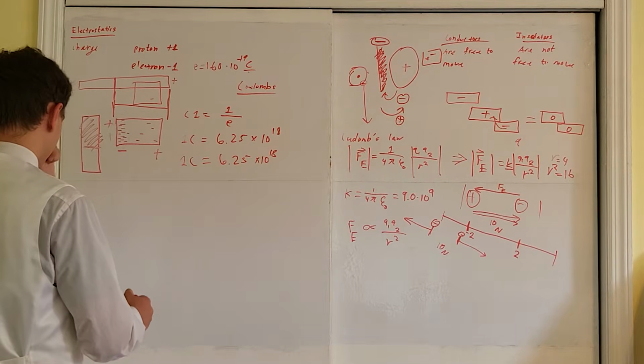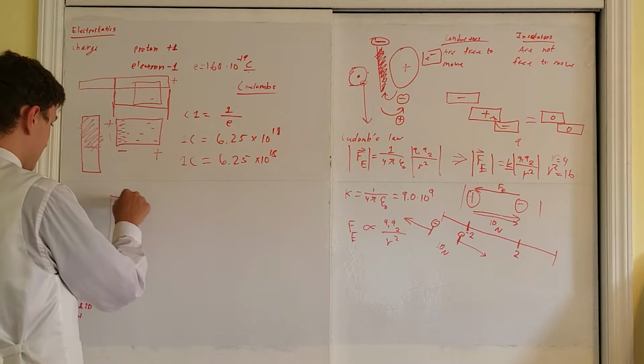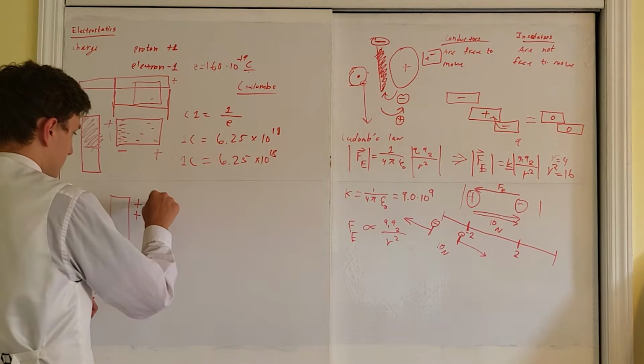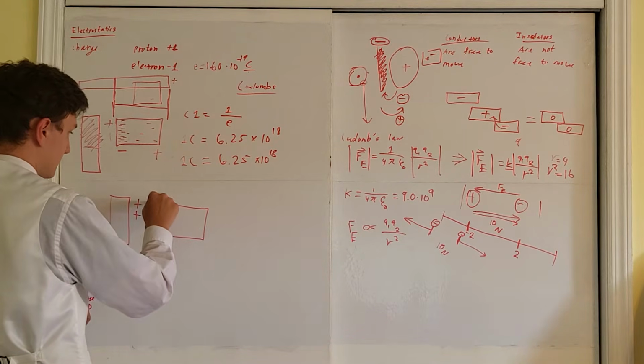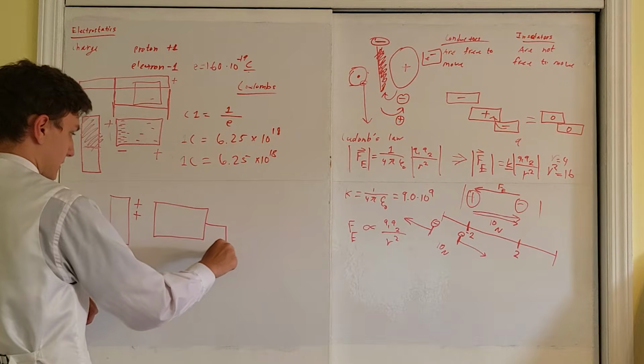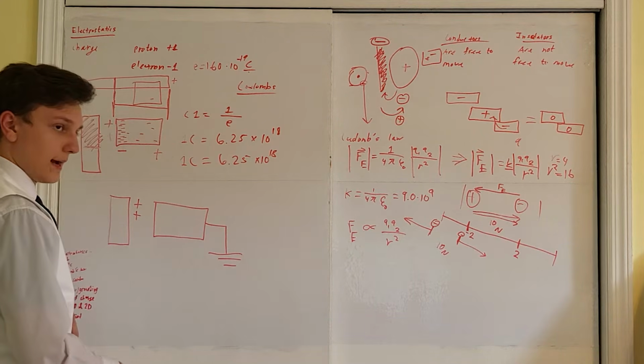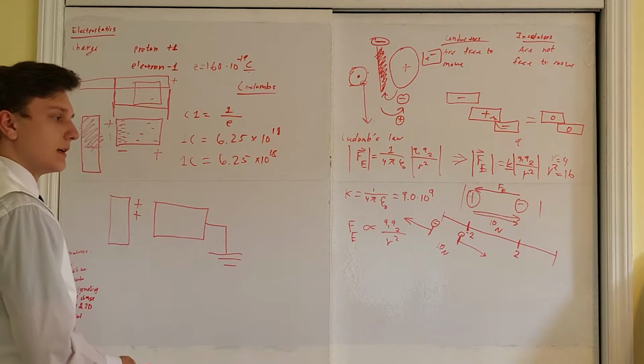Another way of doing that is if I have my same positively charged glass rod and I have a conductor like this, I could connect this conductor to ground. This is the symbol for ground. Now, what is ground?